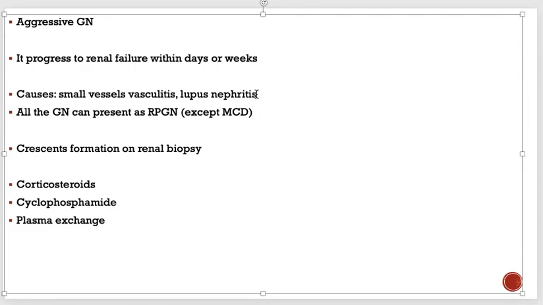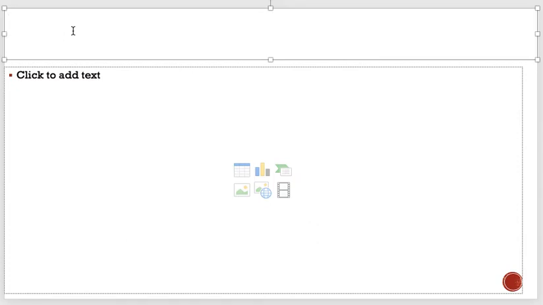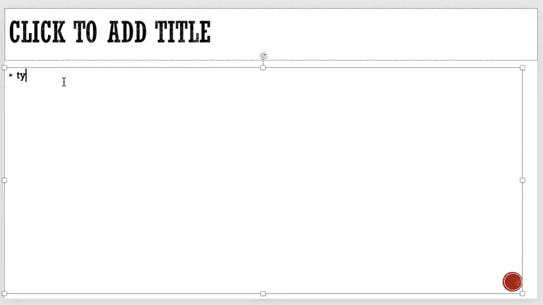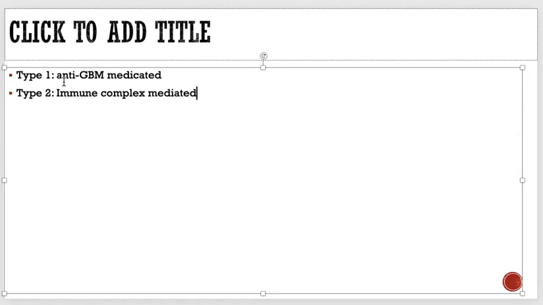They classify RPGN into four types. Type 1 is anti-GBM mediated, 15% of the time. Type 2 is immune complex mediated, 24% of the time.